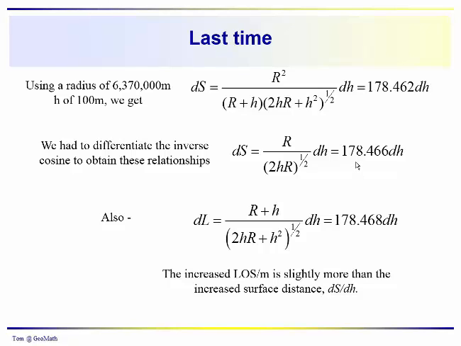So the increased distance that you could see with an increase in your elevation of 1 meter, you gain 178.468 meters of viewing distance, and these numbers are all very close to each other. But we can see that ds is just a tiny bit less than dl, by about 6 thousandths. So that's just a review.